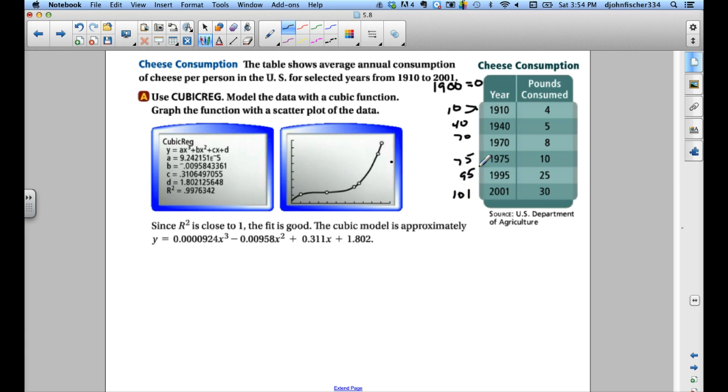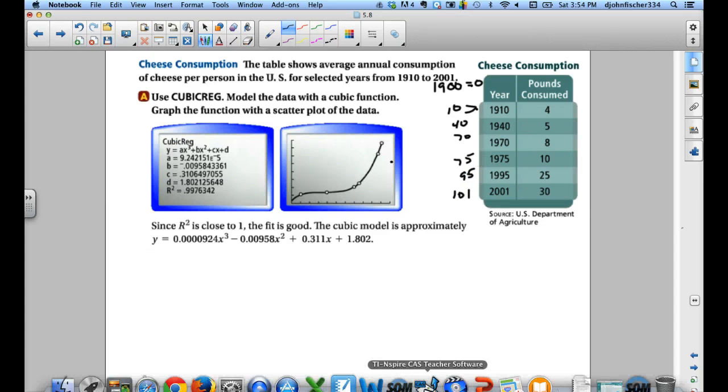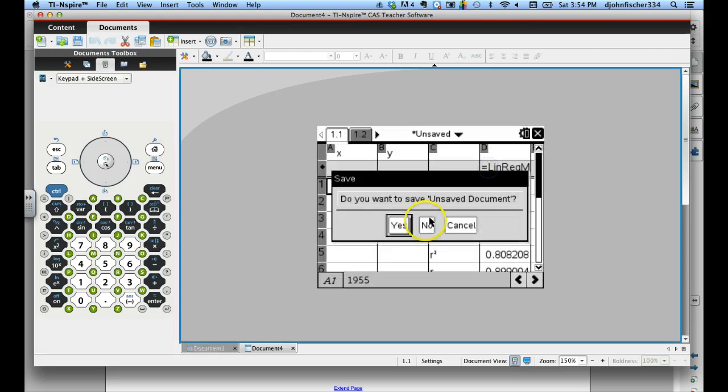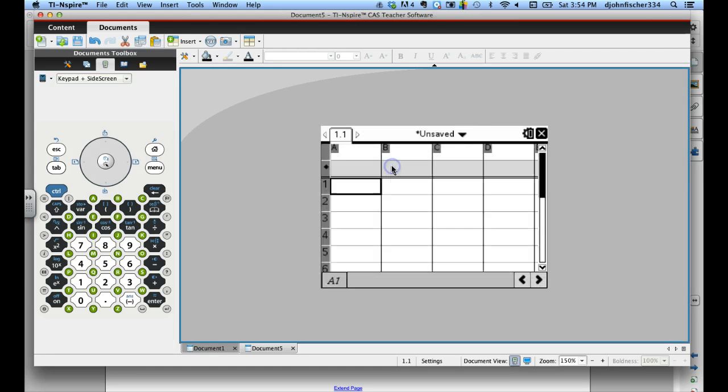Now, a lot of books will do this, and a lot of problems we have will do this. So if we go to our calculator, start a new document, don't save, lists and spreadsheet, so we're going to go here, X and Y, and enter these values in.